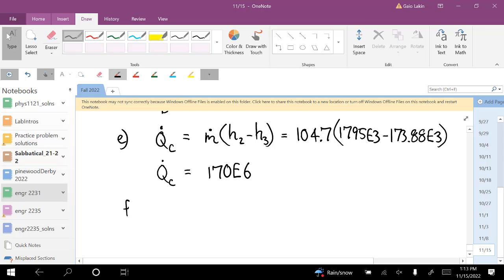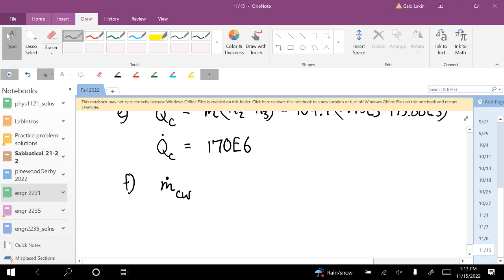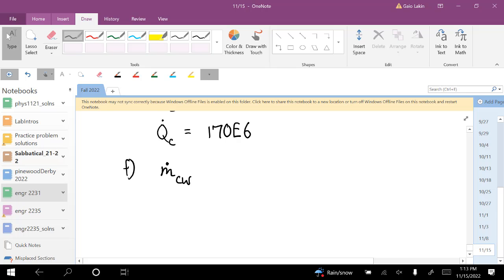And then the last one, we're looking for the mass flow rate of the cooling water. So this one we have to use the approach that we did right before we started this example problem. We're going to use the control volume for the whole condenser, including all the liquid coming in and going out, and then we'll come up with an equation for M dot.